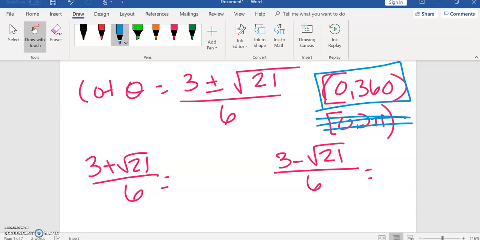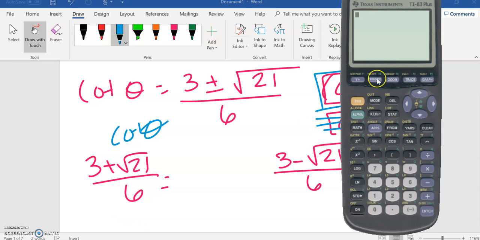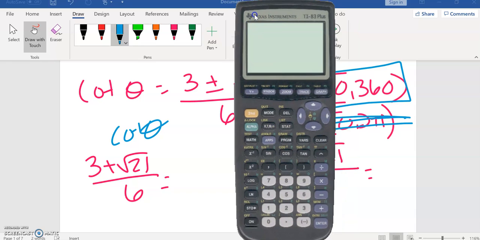So now what I'm going to do, remember, both of these are what cotangent equals. So I'm going to get out my calculator, and they want me to find the degrees. I'm going to first start over here, and I'm going to do 3 plus the square root of 21 divided by 6.